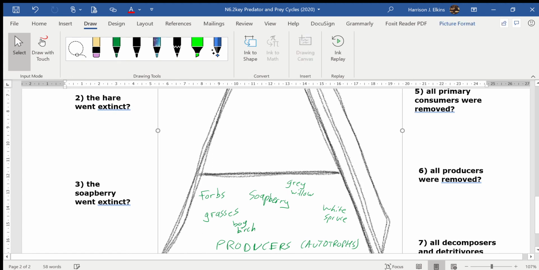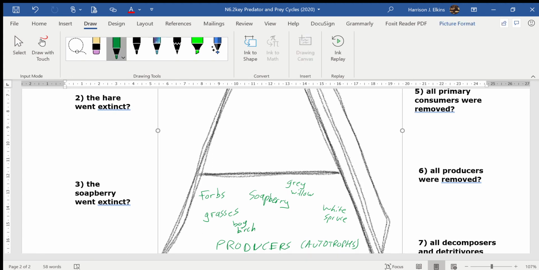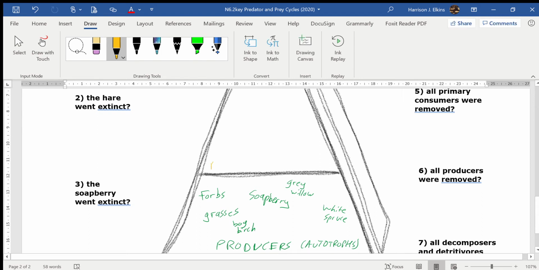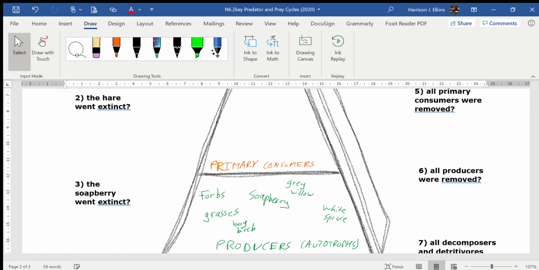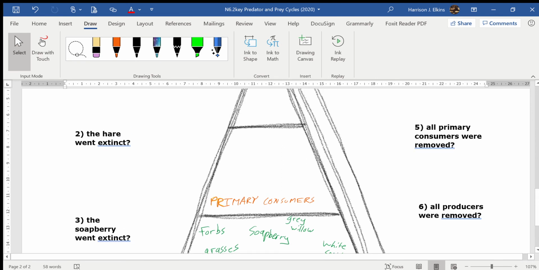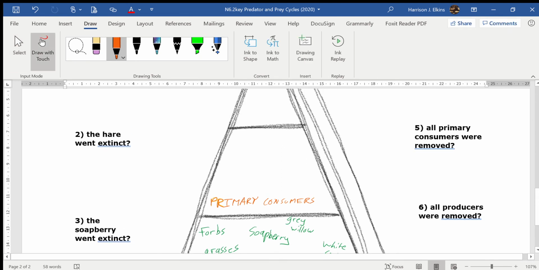What do we call the organisms that eat the producers? Herbivores or primary consumers. Here, let's change this to orange. Primary consumers. Those are going to be some heterotrophs, okay? So, what were some of those things that were eating those plants?